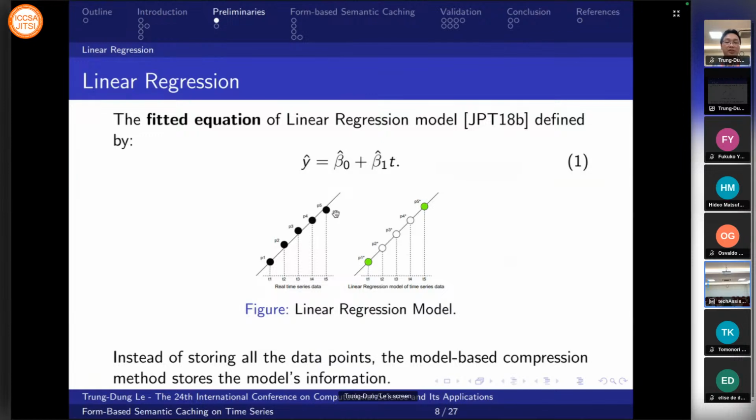With the linear regression model, we can reduce them to only 2 data points. After that, when we need to restore a data point in the middle, we can use the linear regression to restore it within the user-defined error bound.